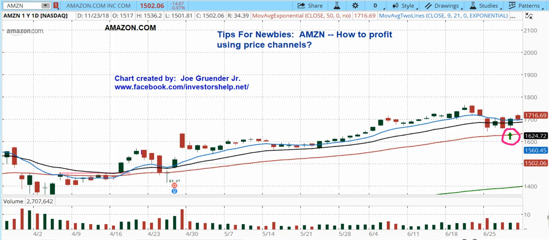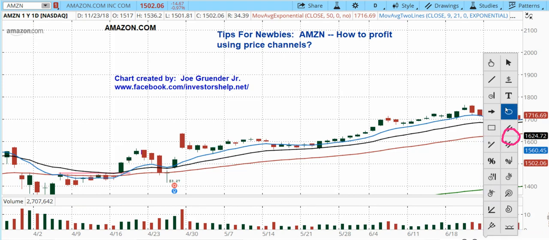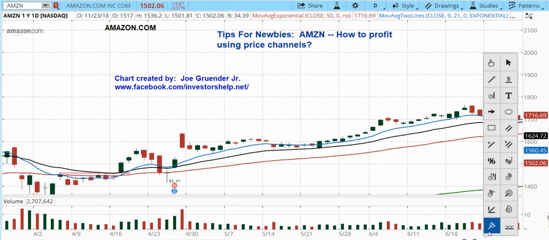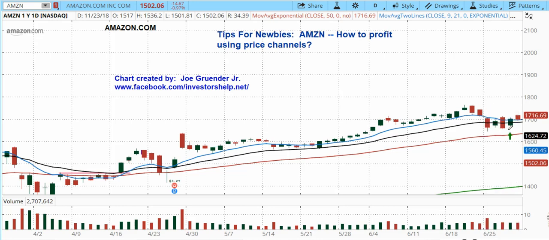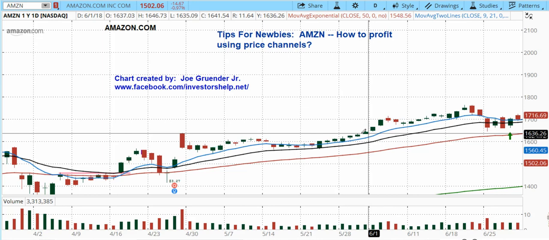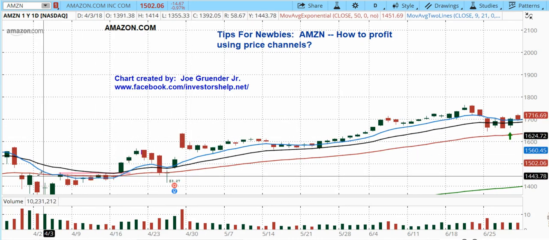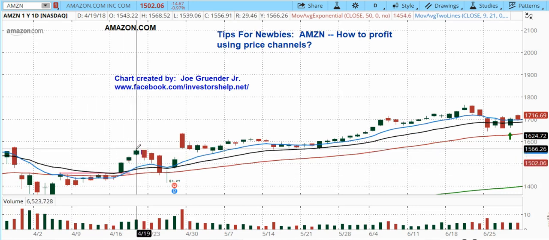What we do, we go down here to our tools. Right here we have a variety of tools that are available. Let me get rid of this first. What we're going to use is a channel tool. This will enable us to draw a couple lines. As you can see here, here's a high from this period, moved up to this high.